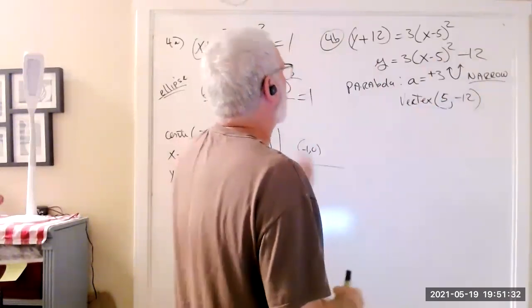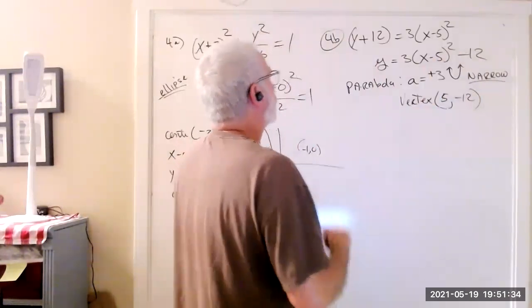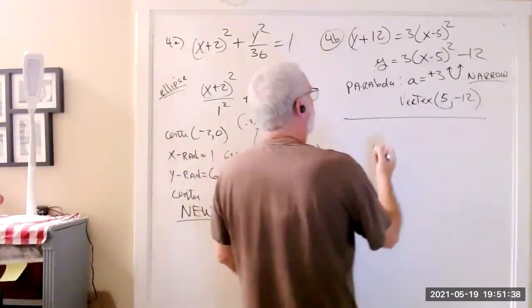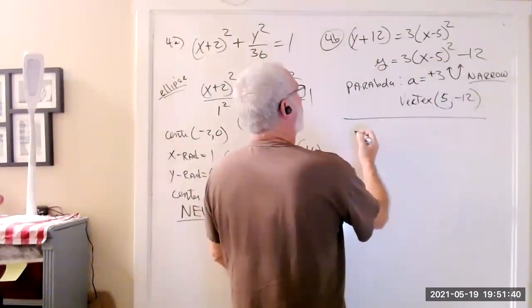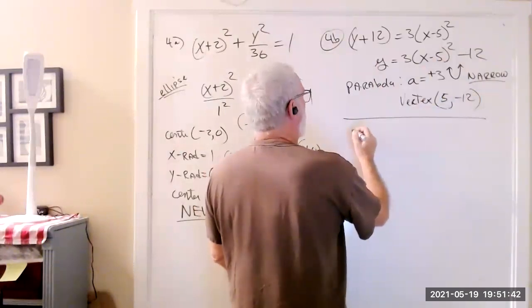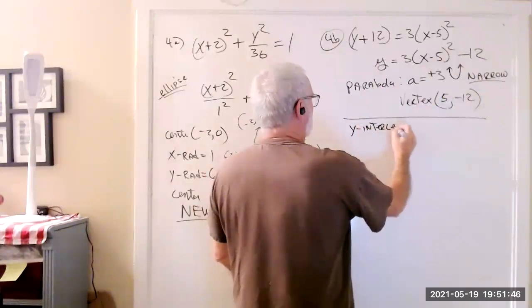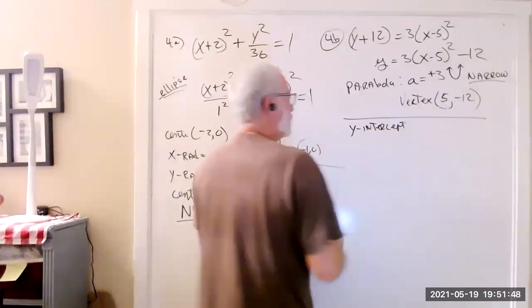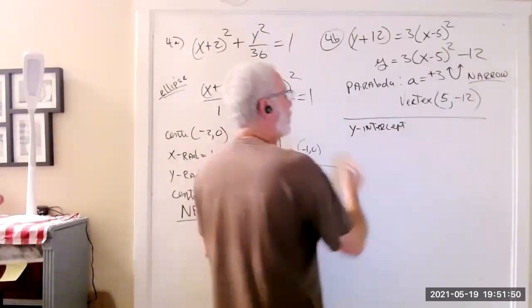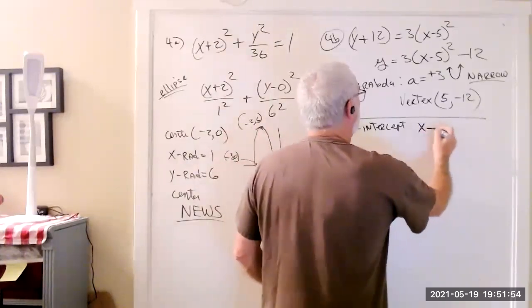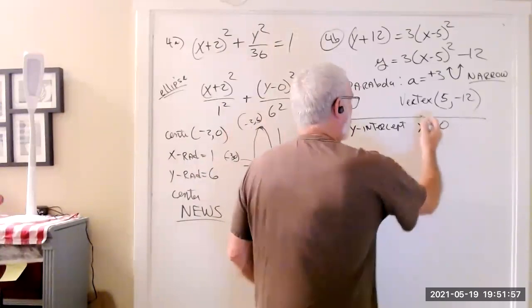So what do I got? Some other things. You're going to be asked to find the Y-intercept. You need to know that when you find the Y-intercept, you're saying X is worth 0.